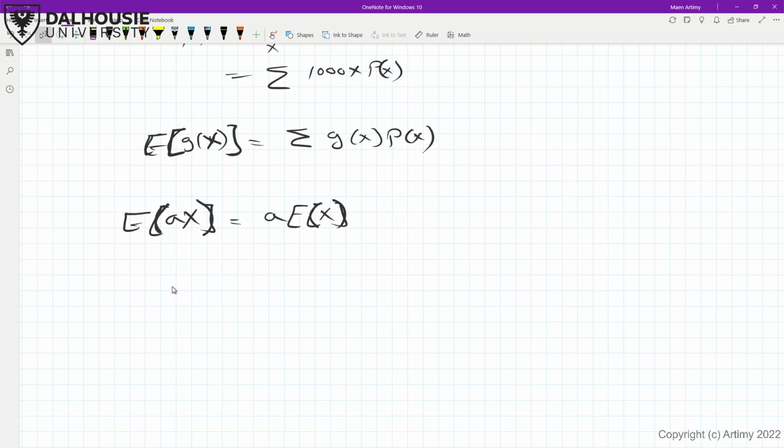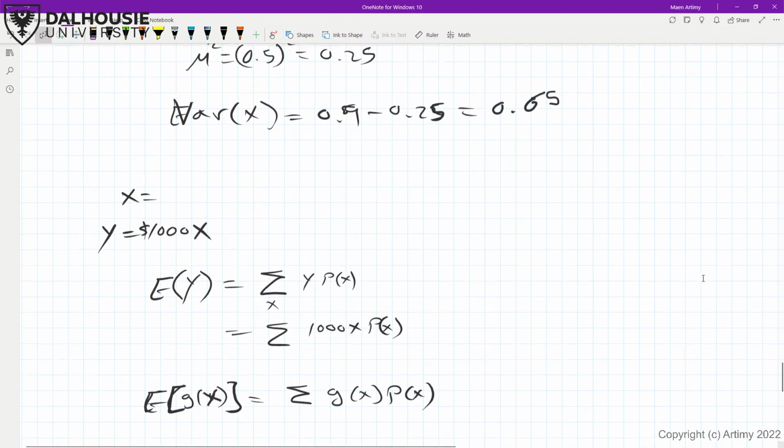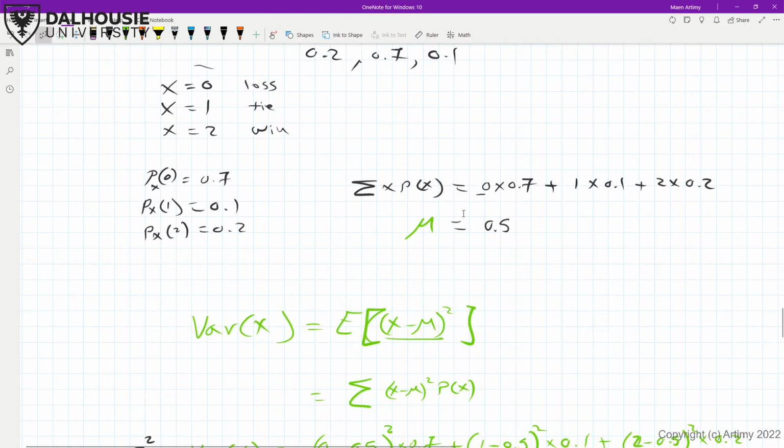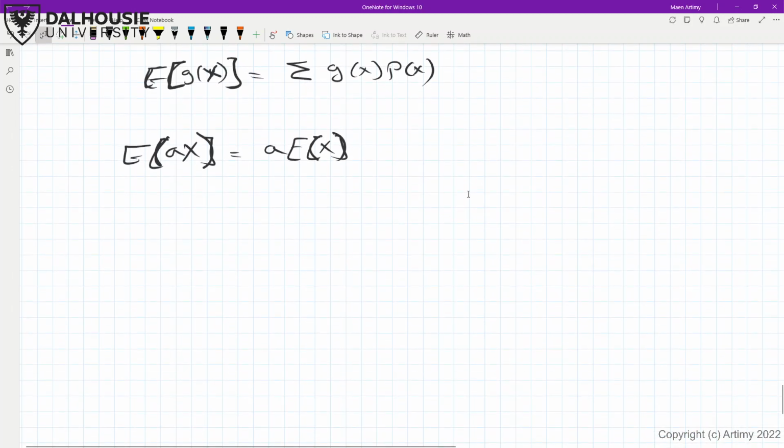So the winning for the team, we know that the average is 0.5. So the winning will be 1000 multiplied by 0.5. We get 500. So the expected winning of the red team is 500.